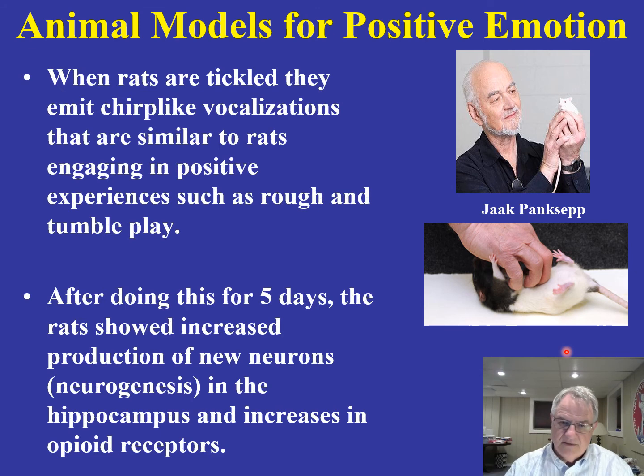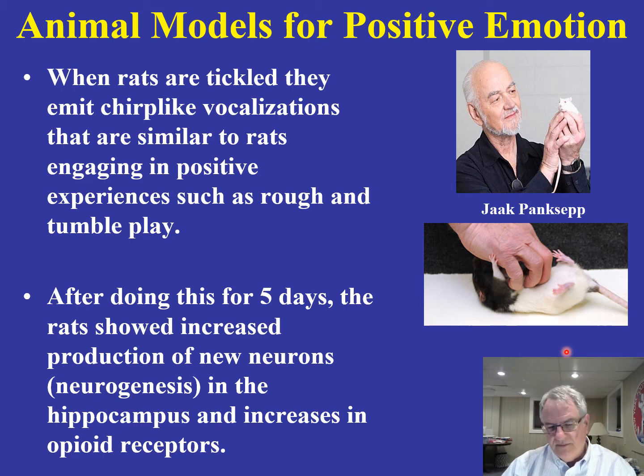One thing that happens when you do this with a rat is they start to emit these vocalizations, this chirp-like kind of sound. And when you see this naturally in rats, for example, when they're playing with one another, exhibiting rough and tumble play, you get vocalizations that are very similar to what you see when you stimulate the abdominal area of a rat, these positive experiences.